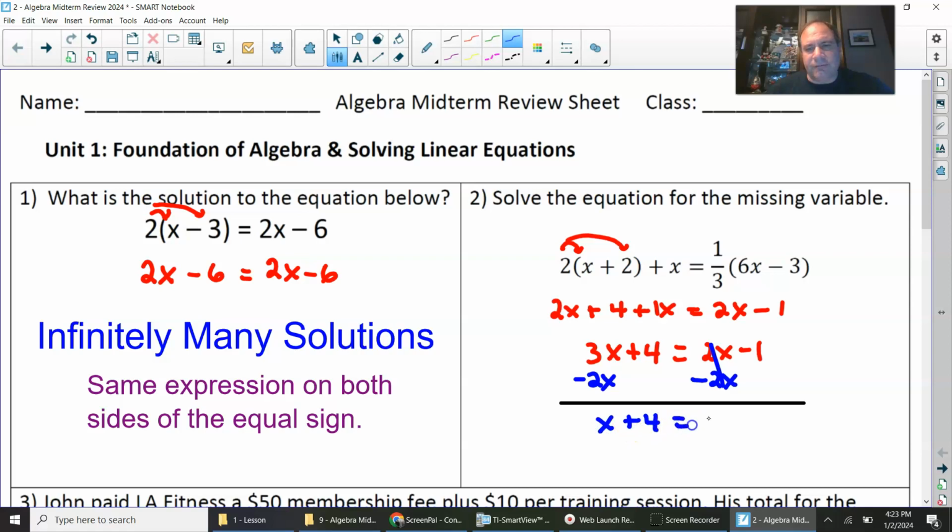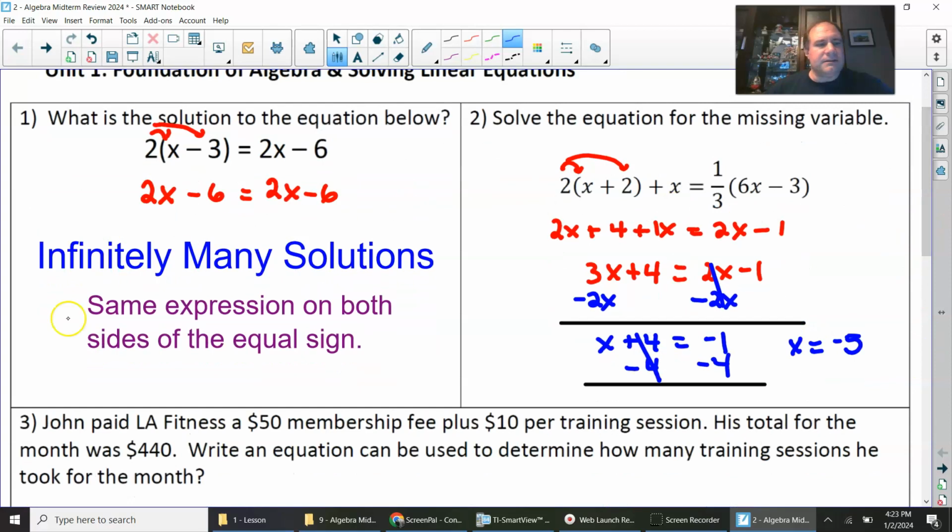And you bring down the plus 4 and you bring down the negative 1. So you subtract 4 on both sides, and you get x equals negative 5 as an answer. And that is it for that question.